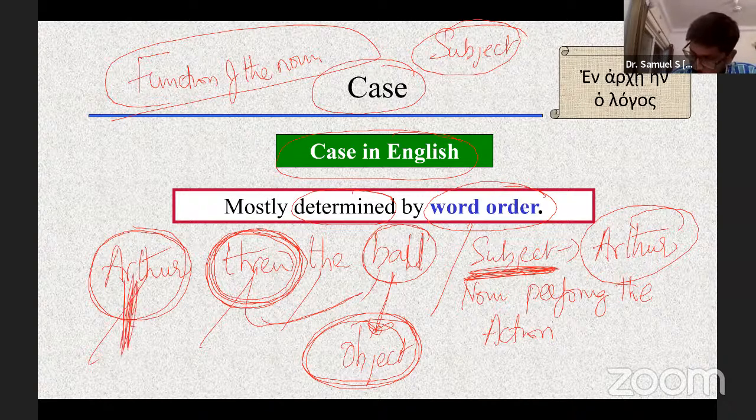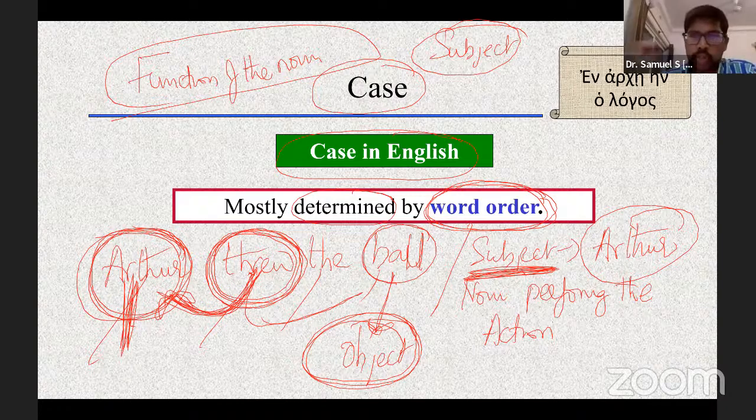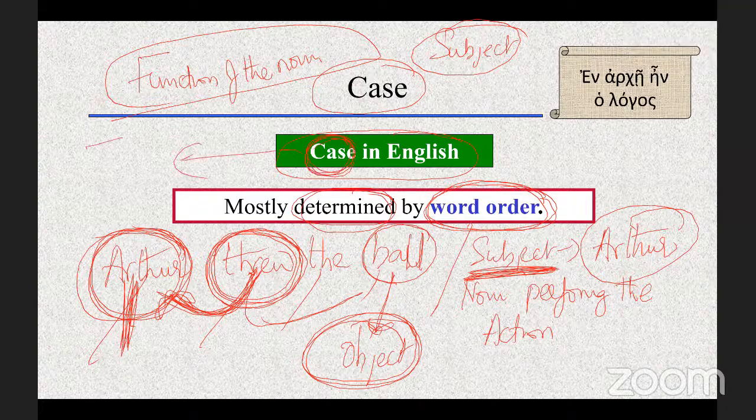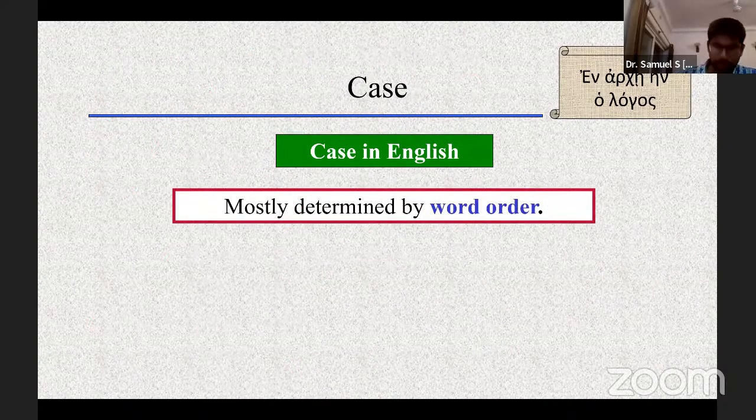When we say word order, we are saying, more precisely, what word is before the verb, before the action? That word is the subject. So the position of a noun in the sentence determines the case, or the function of the noun, right? That's how it works in English.